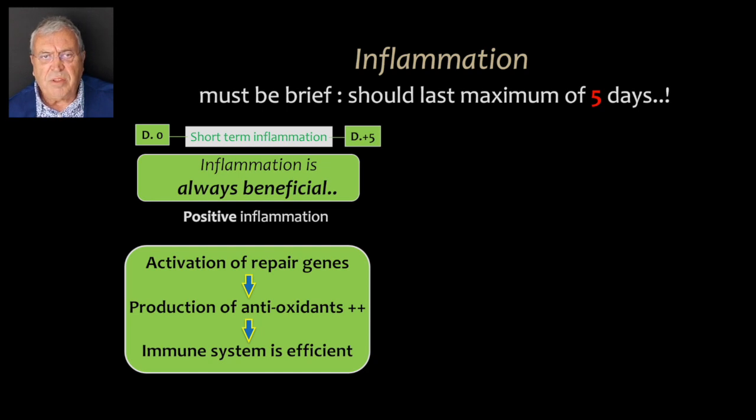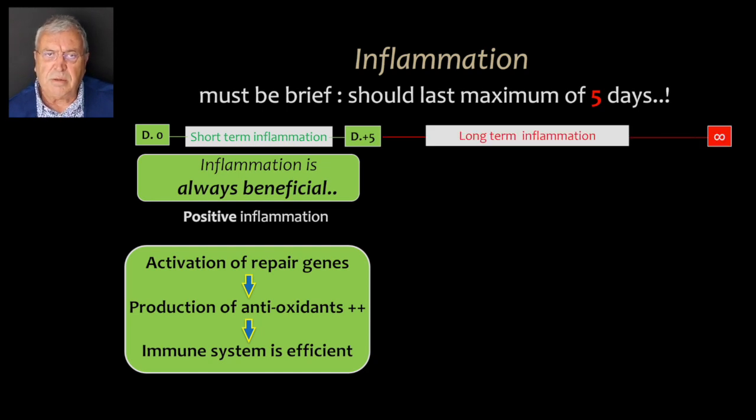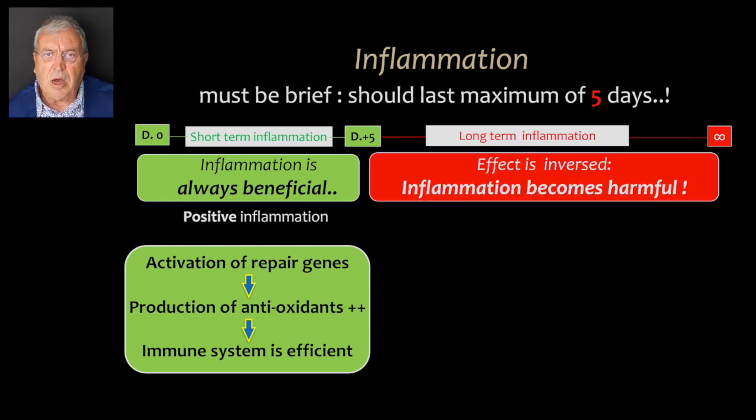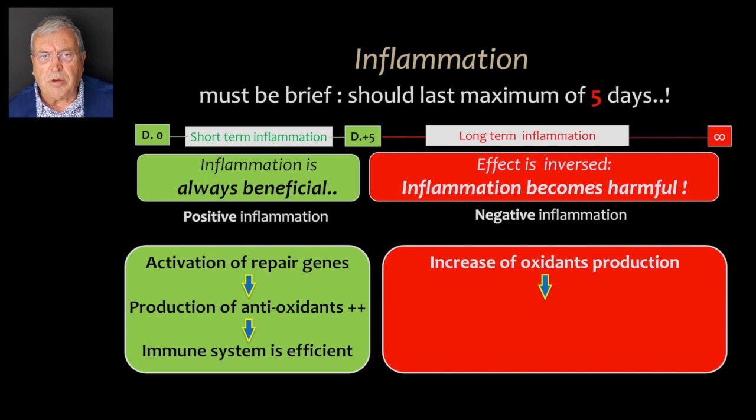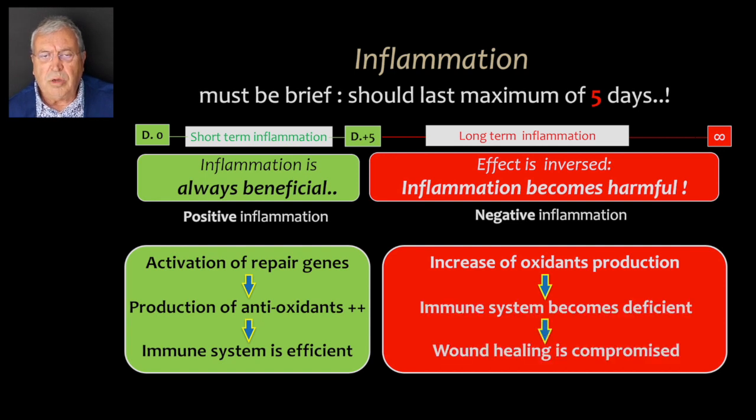However, if the inflammation persists after the 5th day, it becomes harmful, and we name it negative inflammation, because it increases the production of oxidant, leading to a deficient immunity, and this is how the wound healing will be compromised.